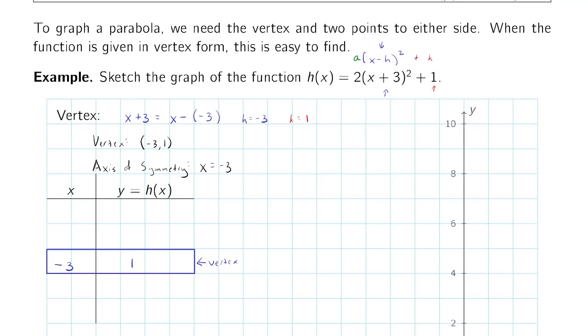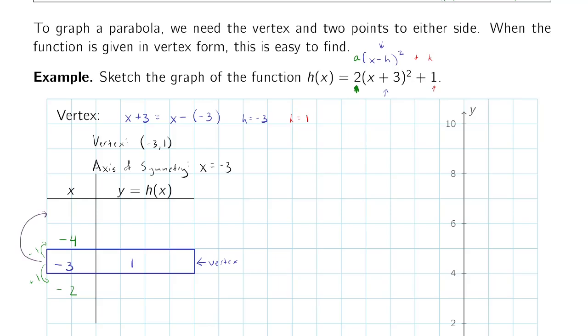So I don't have a fraction here, so I'm just going to step 1 away. So 1 to the left, 1 to the right. So negative 3 minus 1 is negative 4. Negative 3 plus 1 is negative 2.